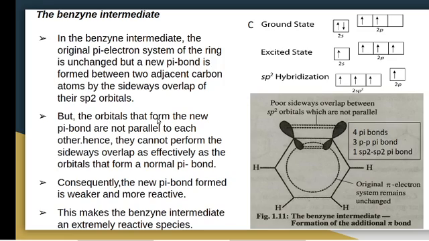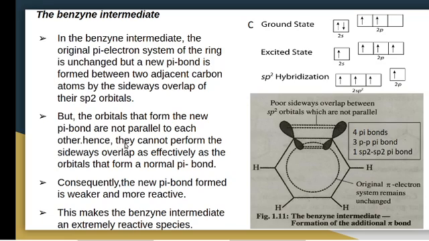But the orbitals that form the new pi bond are not parallel to each other. Here the orbitals are not parallel because of the presence of perpendicular p orbitals. There are 2 perpendicular p orbitals, so because of the presence of those orbitals, they cannot overlap effectively in a parallel direction.